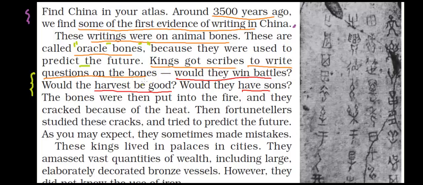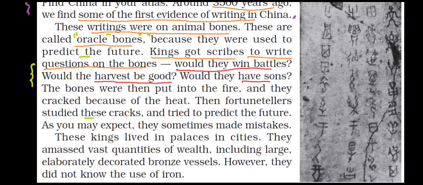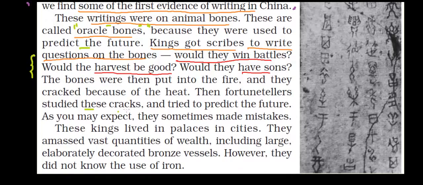So the scribes used to take the bones, write those questions, and then put those bones into the fire, and that fire used to crack these particular bones. The fortune tellers studied these cracks and tried to predict the future. They might have been experts in reading those cracks, I don't know, and no one knows whether they were actually right or whether they made mistakes.